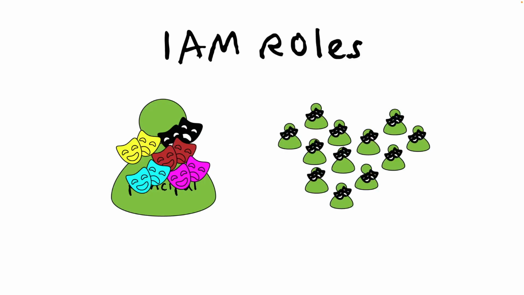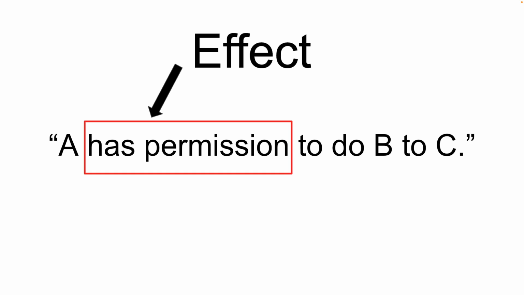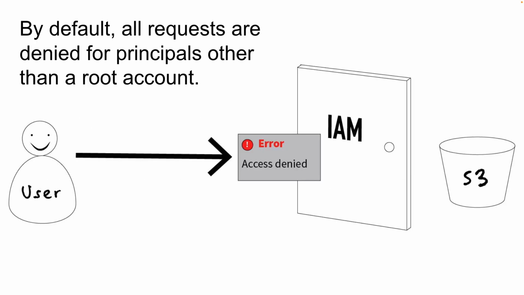Returning back to our policy statement, the has permissions component of our policy statement represents the policy's effect condition. The effect determines whether the principal is authorized or not. This is by the effect condition stating allow or deny. By default, all requests made by a user are denied for principals other than the root account.